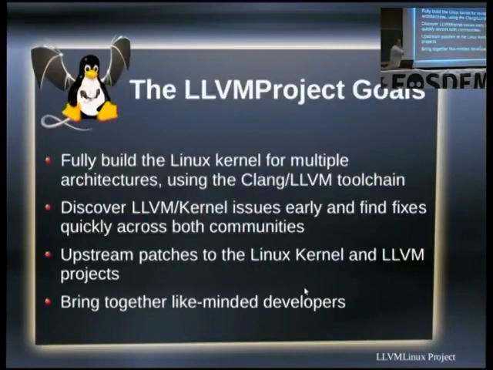So, what about our LLVM Linux project? We want to compile the kernel for multiple architectures with the Clang LLVM toolchain. And we want to fix issues which we find on the way. That started out with Clang not supporting whatever nitty-gritty feature was used in the kernel.